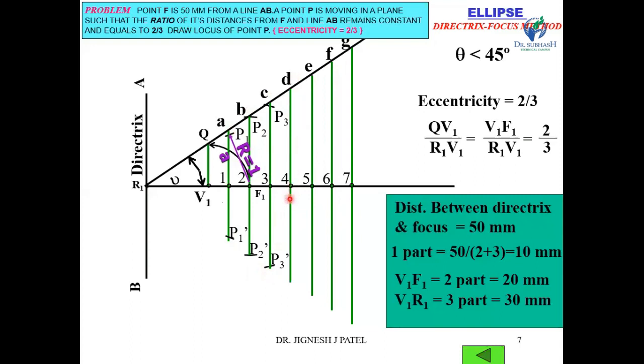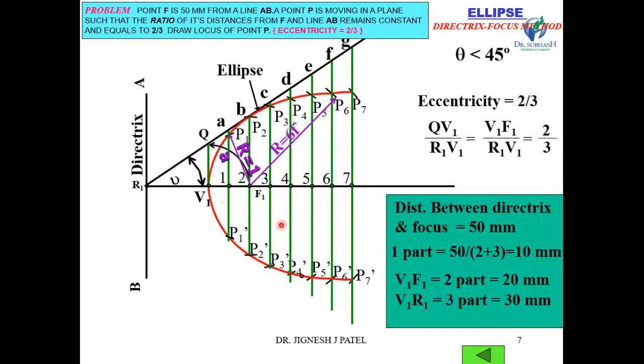For 4D radius, center F1, you will get points P4, P4 dash. Similarly, mark the points P5, P5 dash, P6, P6 dash, P7 and P7 dash. Now join all these points by a smooth curve. You will get an ellipse, and this curve is known as the ellipse.